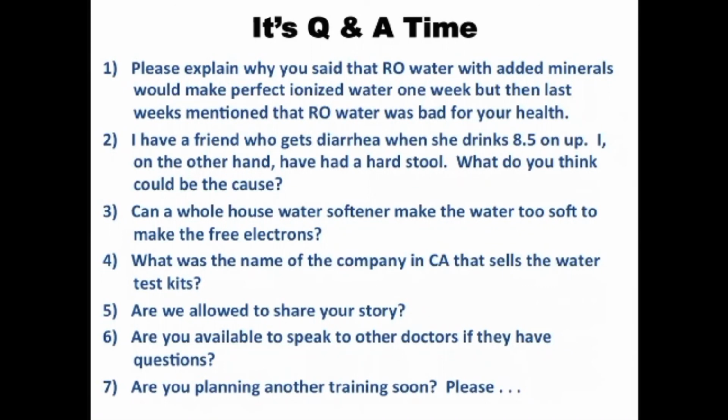It's called, oh shoot. It'll come to me in a minute when I'm not thinking about it. But if you just look up water safe drinking kits, you'll find them. Silver Lake Labs. I knew it would come to me. Silver Lake Labs in Monrovia, California.